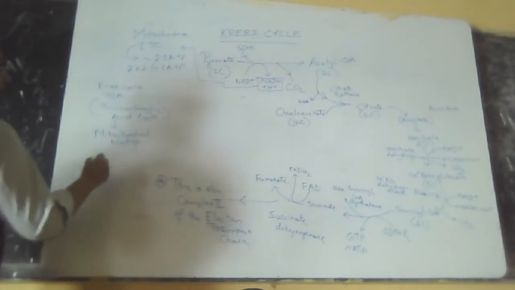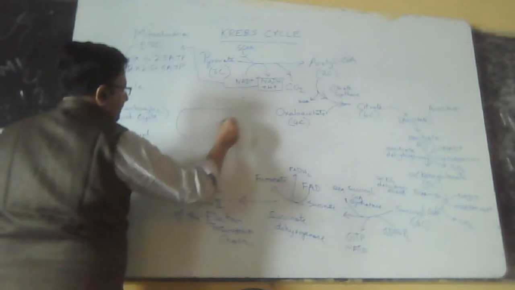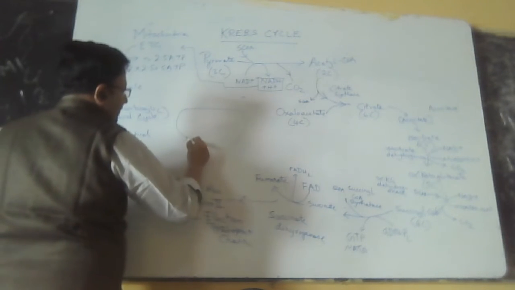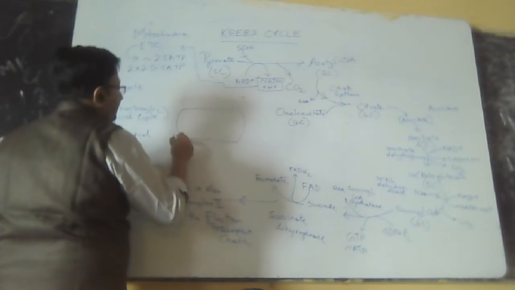So if you draw this as a mitochondria, this is the outer membrane of the mitochondria.